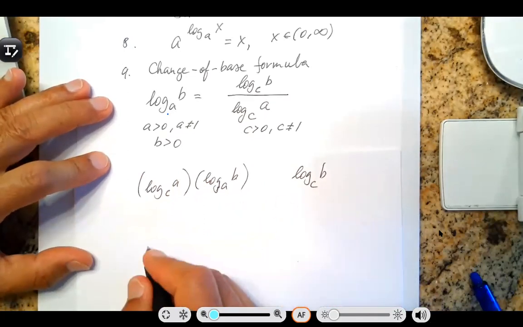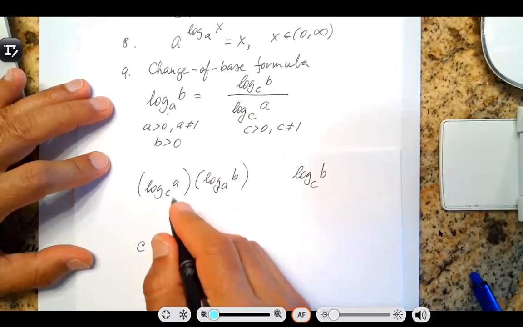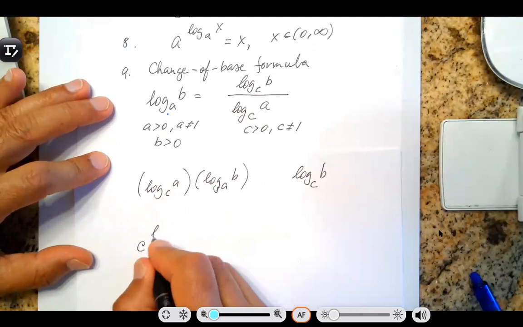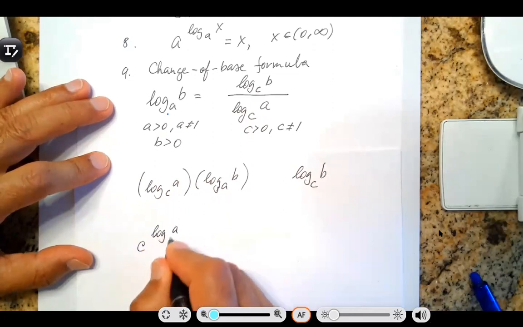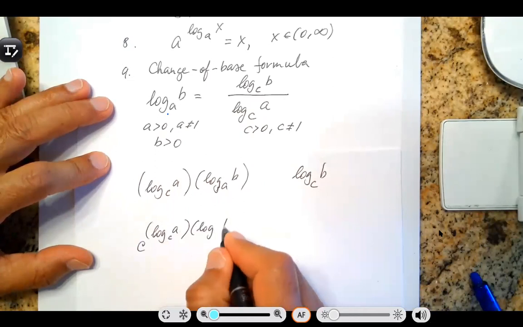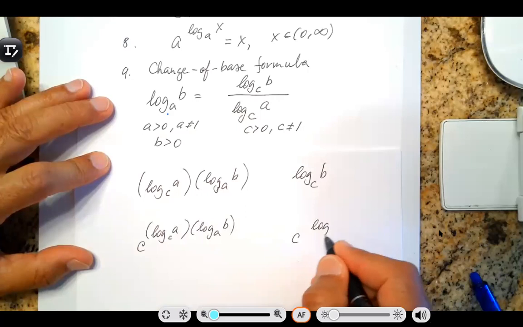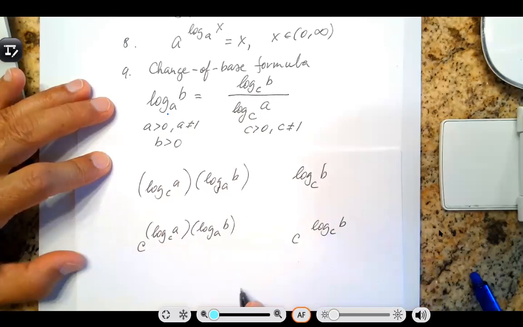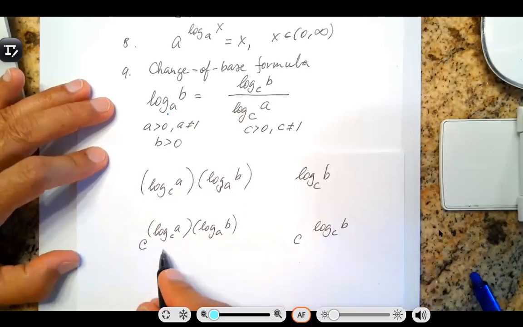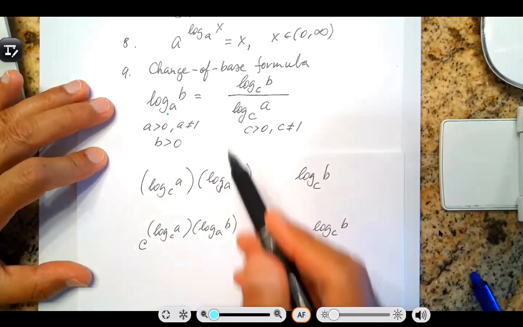Suppose I don't know if it's equal. Let's take a number C and raise it to the power of this number and this. So it's a logarithm A base C times logarithm B base C. C raised to the power logarithm B base. So let's use the property. See this?